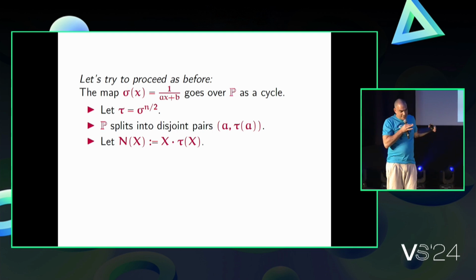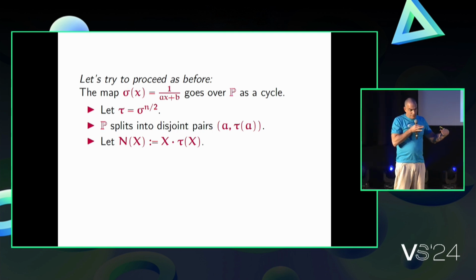Okay, now let's try to get the 2-to-1 map. So again, we can try to define N of x as x times tau of x, and try to say that it's 2-to-1 on P.